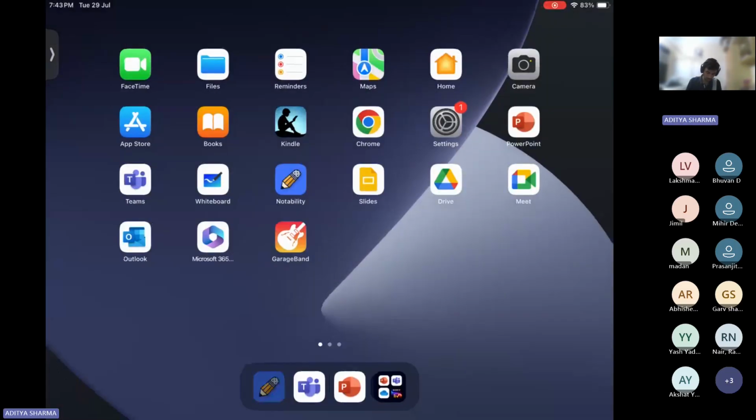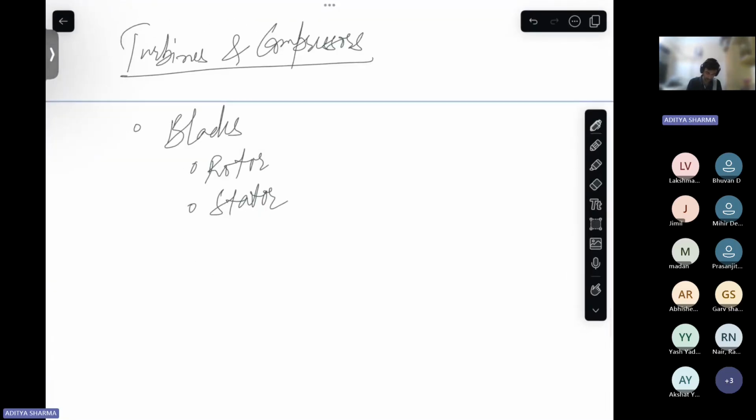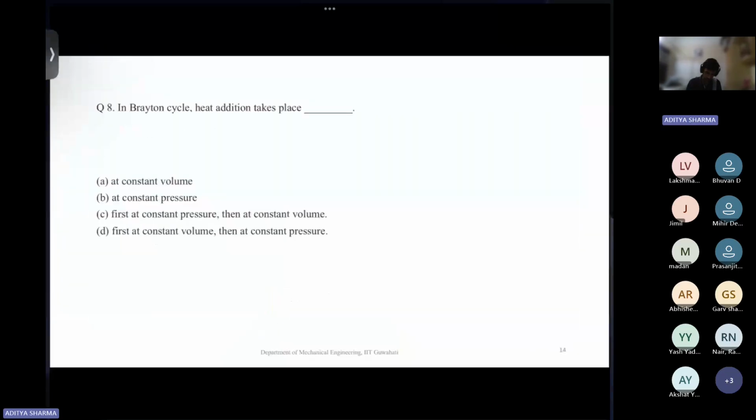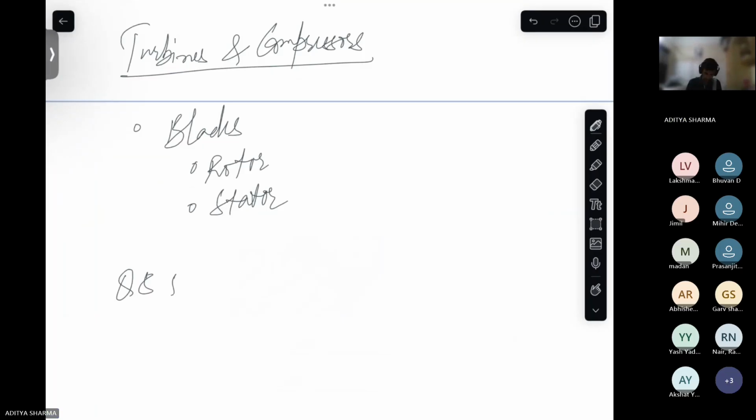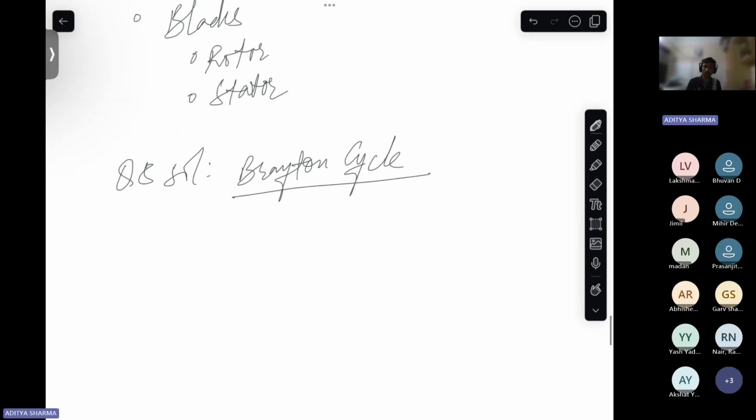I have not discussed Brayton cycle in cycles. This is your question number 8, I believe. I'll just draw the Brayton cycle. Brayton cycle, you should know, is used in your aircraft engines.